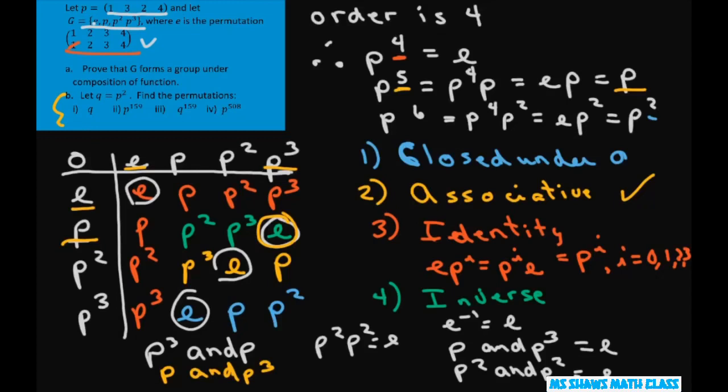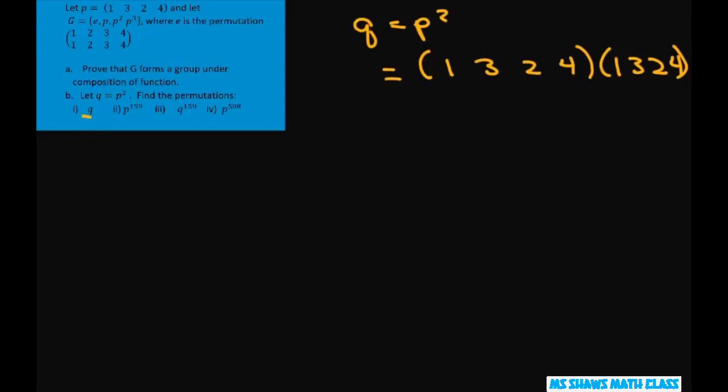So part B, we're going to let Q equal P squared and then solve all this. For the first one, we have Q equals P squared. It says find the permutation Q. That just means we write down P twice. P squared, that's (1 3 2 4)(1 3 2 4). When you do this, 1 maps to 3, 3 maps to 2.